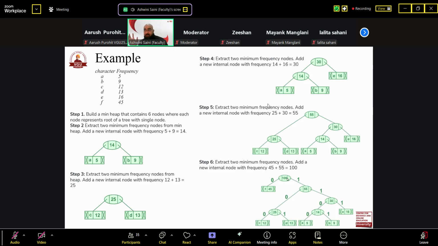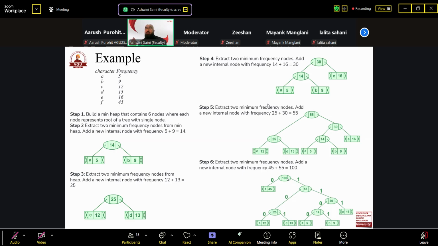One easy thing to notice about the characters in Huffman coding is that if a particular character has a higher frequency, meaning it is repeated many times, then it has the lower byte code, or we can say the lower compression code. Here, F has the highest frequency, 45, so F has the shortest code in terms of symbols.